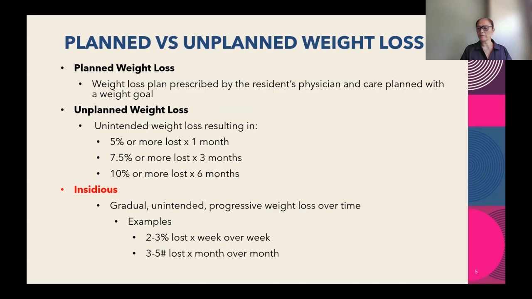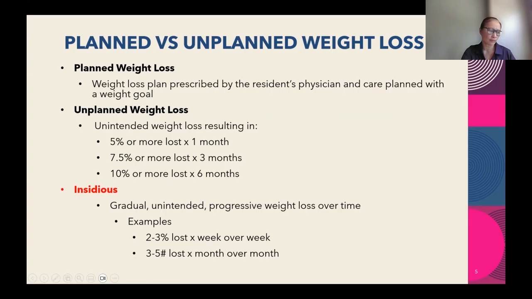Okay, now that we've established the guidelines and expectations of F692, for today, we're mainly going to focus on weight loss. So first, let's define planned versus unplanned weight loss. Planned weight loss is prescribed by the resident's physician and care plan with a weight goal.